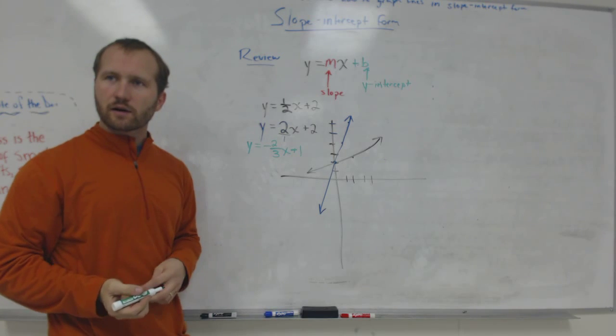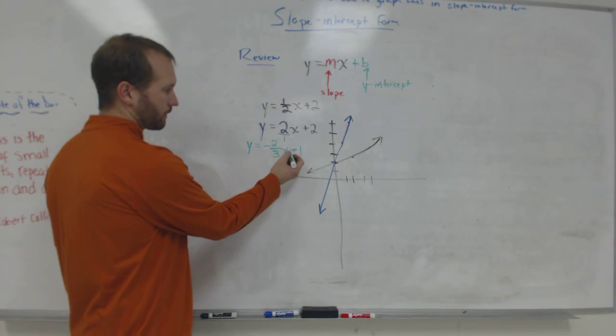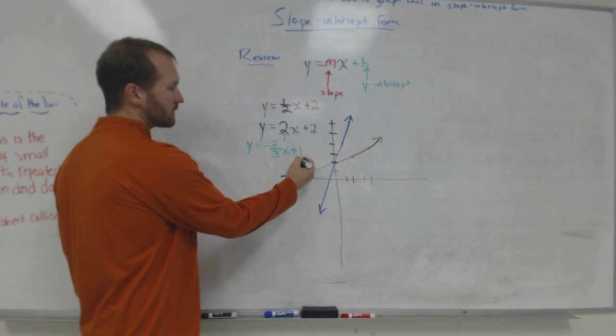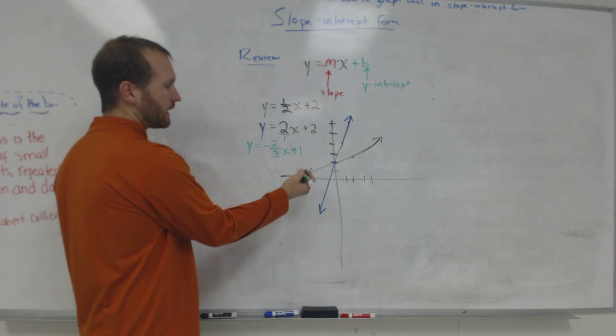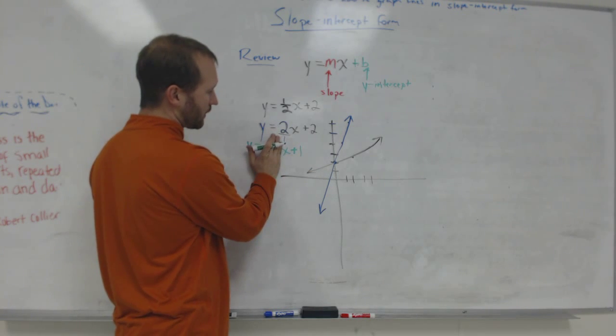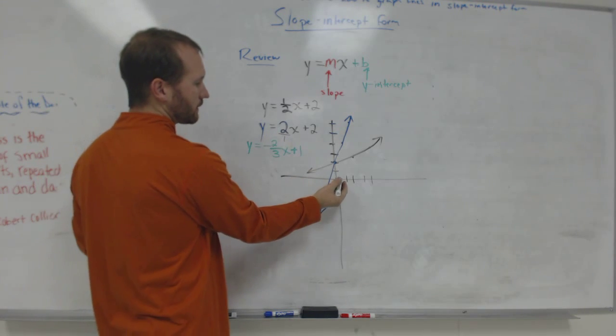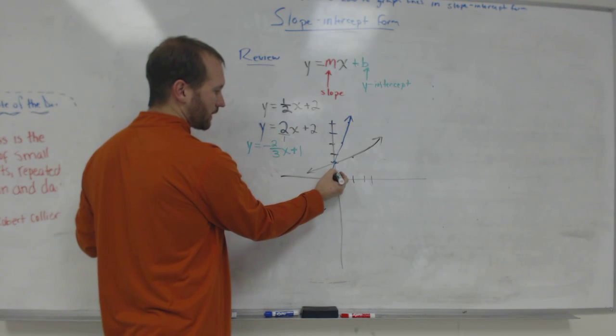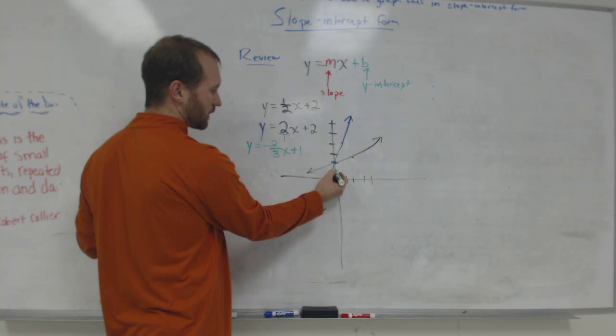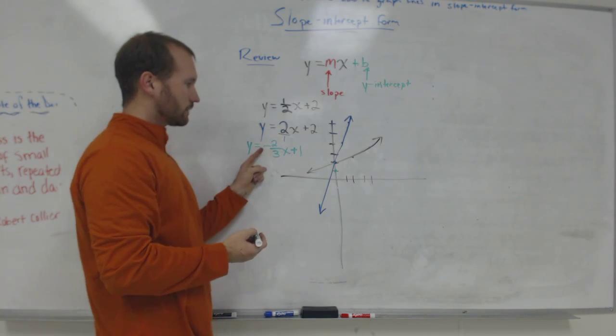Where am I going to start on this one? You're going to go up 1. Good. I'm going to use this plus 1. That tells me that when x is 0, y is 1. That's my intercept, plus 1.